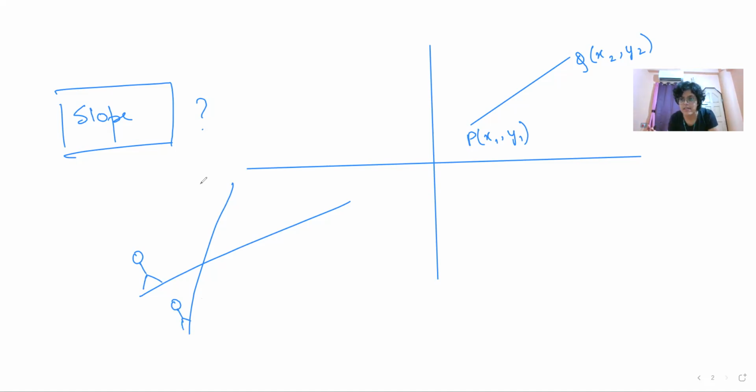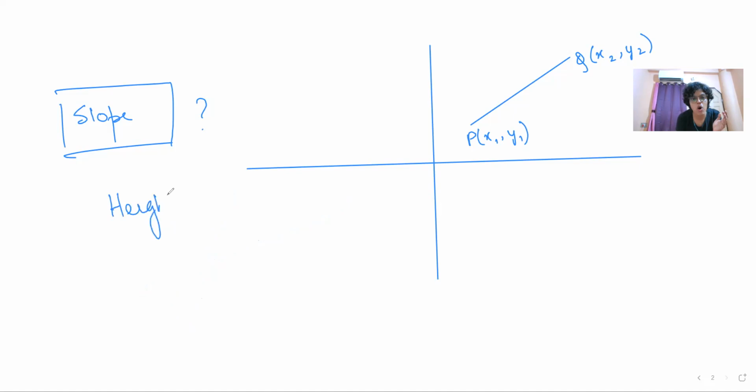It's the measure of the tilt or the inclination. Now, how do we actually mathematically express it? Let's see. So mathematically, we express slope as the ratio between height and the walk or the base, which means the rise and the run or the walking distance.